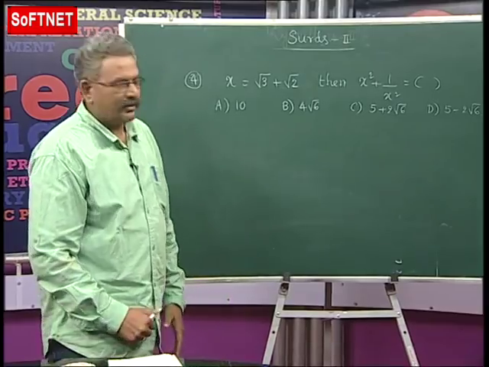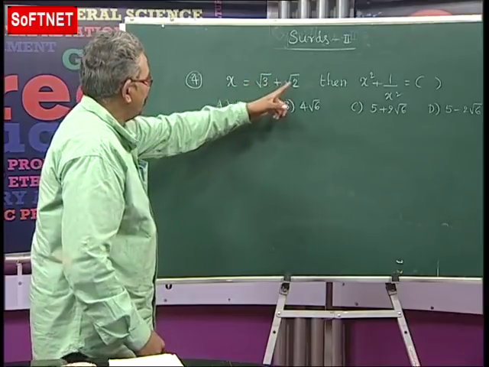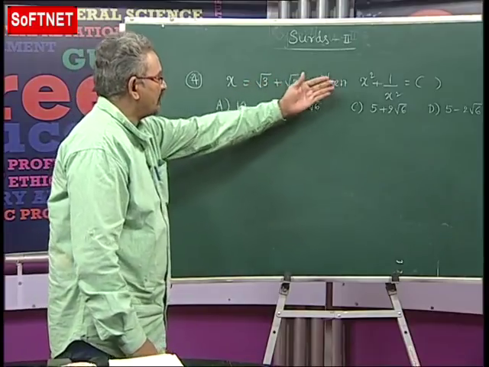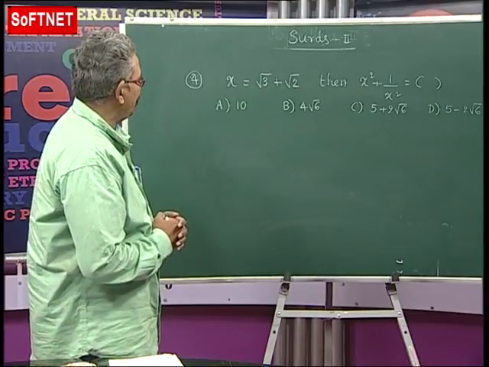So just check the options. x is equal to root 3 plus root 2 is given, and we are asked to find out x square plus 1 by x square value.